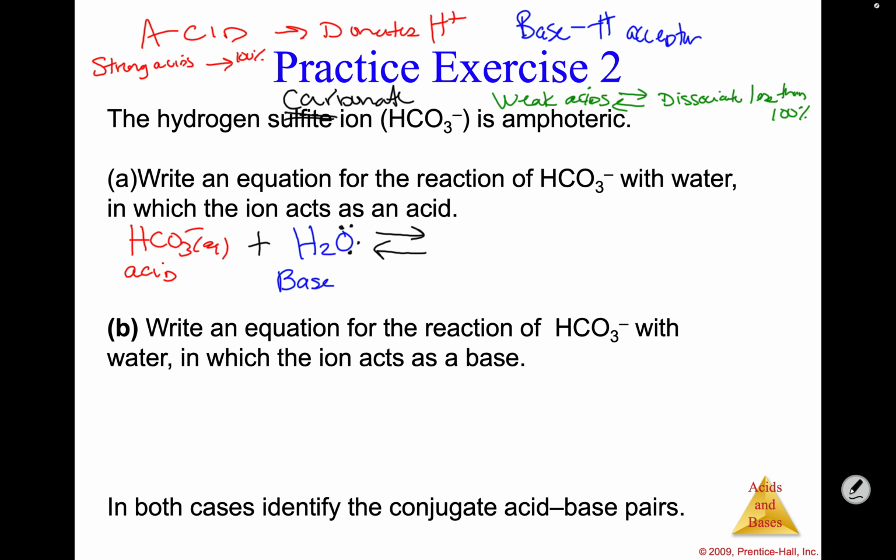I want you to recognize water as a base because oxygen has lone pairs. You remember our Lewis structure for water, and our molecular shape is bent, right? Lone pairs. A base I know has to accept a proton. How many electrons does a proton have? 0, right? Hydrogen has 1 electron, H plus has 0 electrons, it lost the 1 electron.